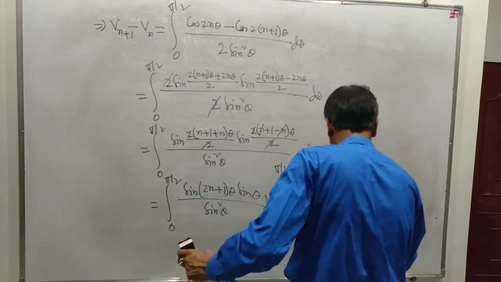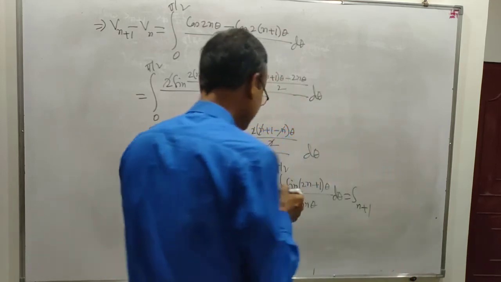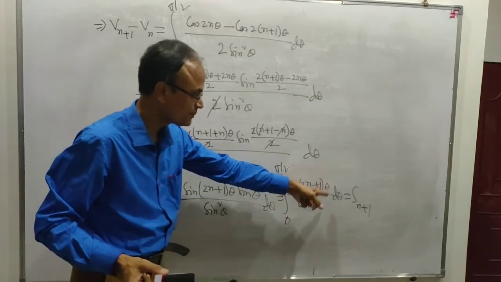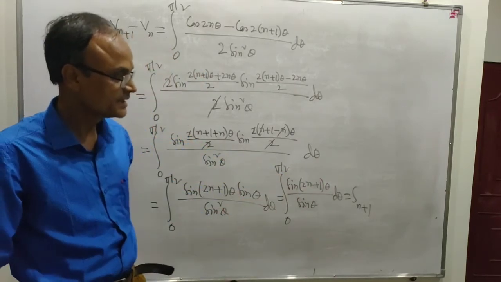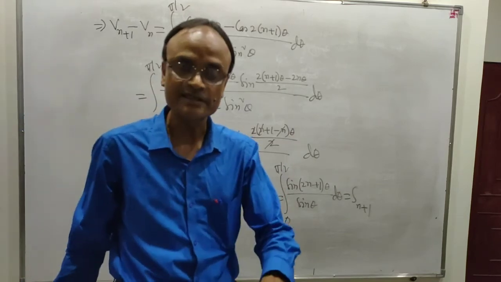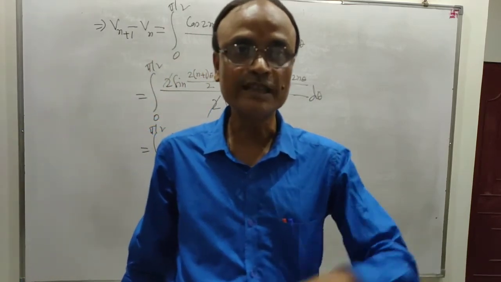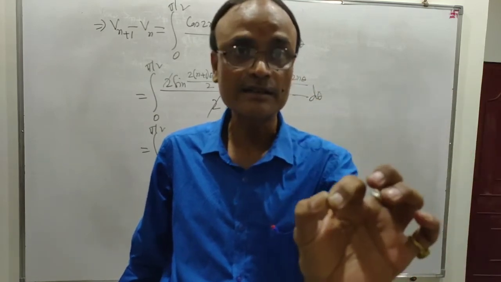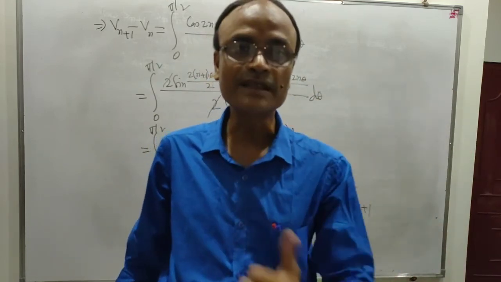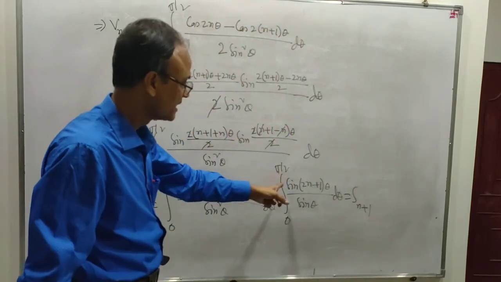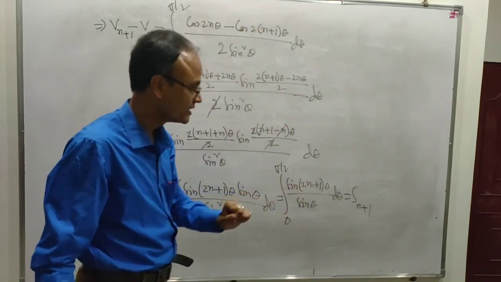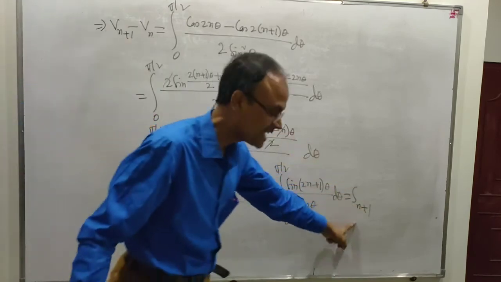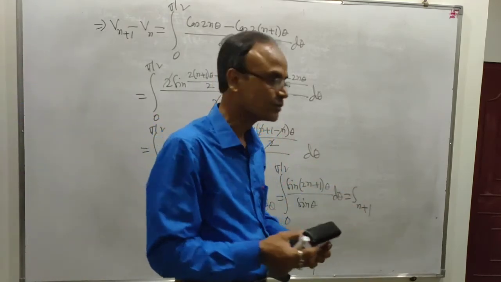Is it not Sn+1? Since Sn equals the integral from 0 to pi by 2 of sine (2n-1)theta divided by sine theta d theta, therefore Sn+1 is equal to this. Thus, Vn+1 minus Vn equals Sn+1. We have proved.